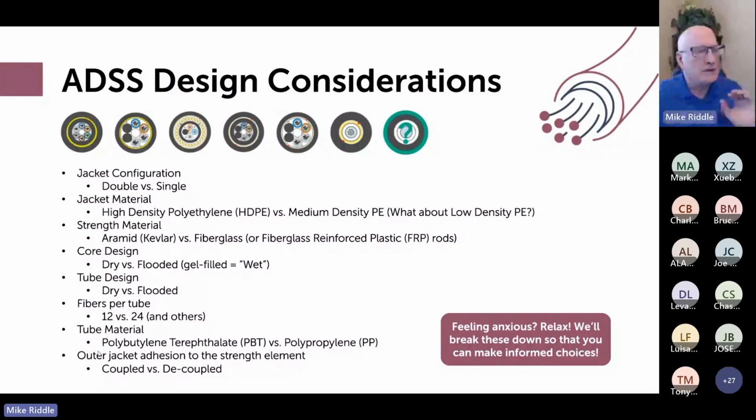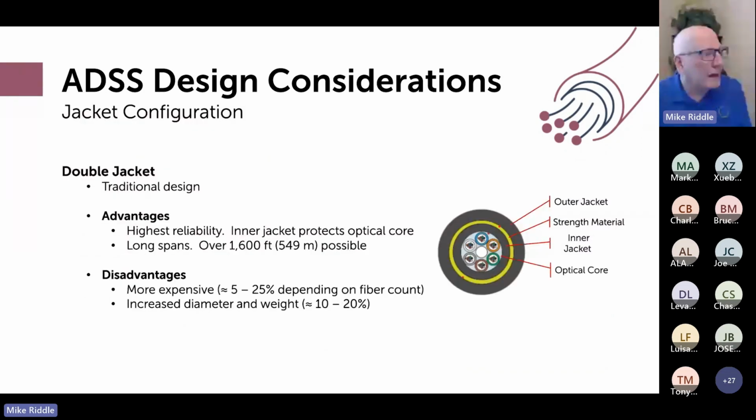So it's a lot, but we're going to break it down, and you'll get it right away. So first up, jacket configuration. You've got two options: double jacket and single jacket. We'll talk about double jacket first. It's the traditional design of when ADSS was first introduced. Advantages: highest reliability.